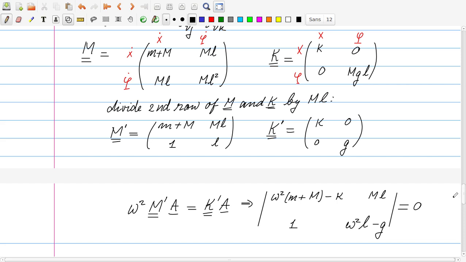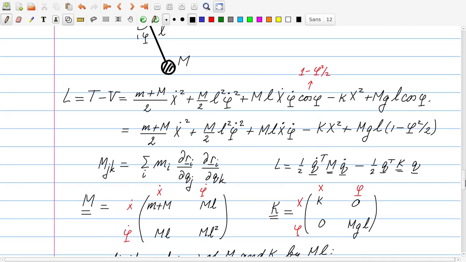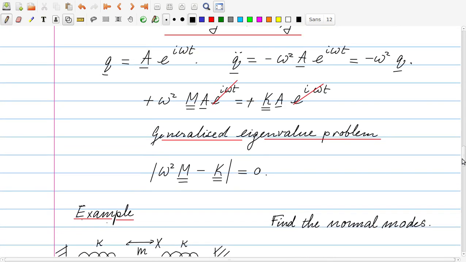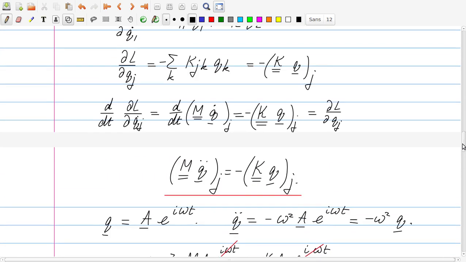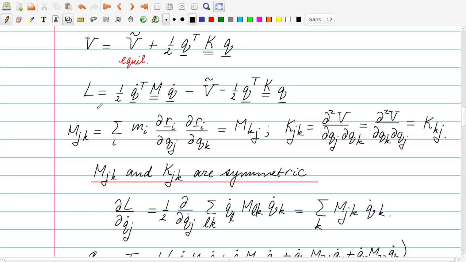So in conclusion, it is important to note that we have used this expression in order to show that L can always be written in this form, which involves the matrices. Let's see where, yes, this is the form I'm looking for.